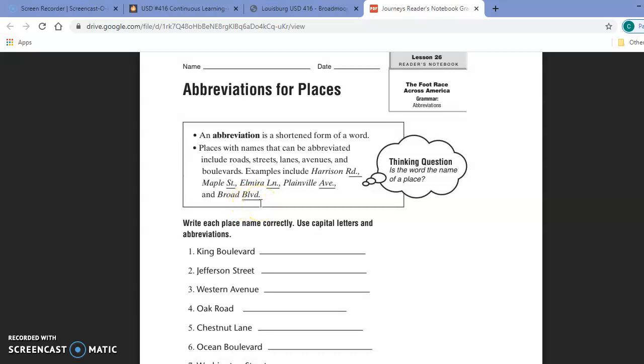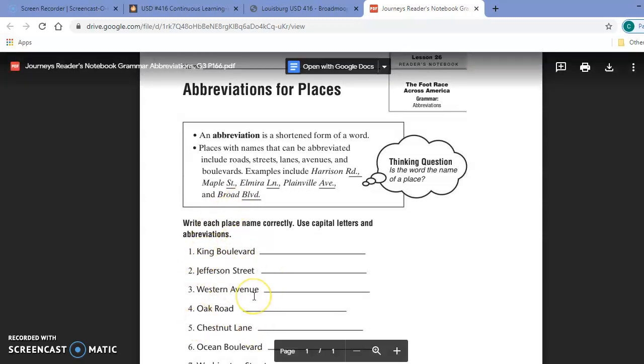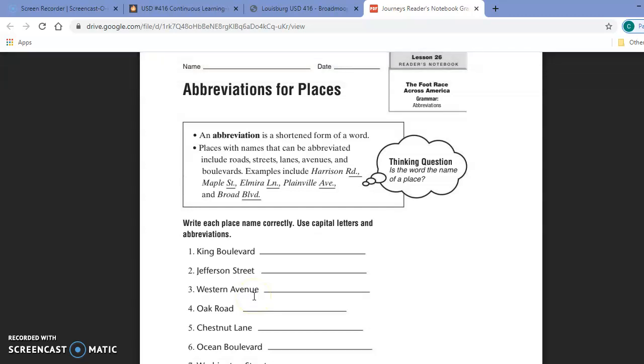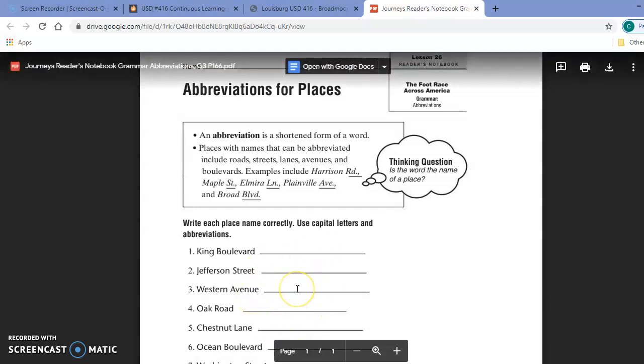Make sure when you make these abbreviations, the first letter in them is always capitalized and you have the period on it. So there's a whole bunch of different places down here you're just going to use to create abbreviations and write the correct one on the line or on a separate piece of paper.